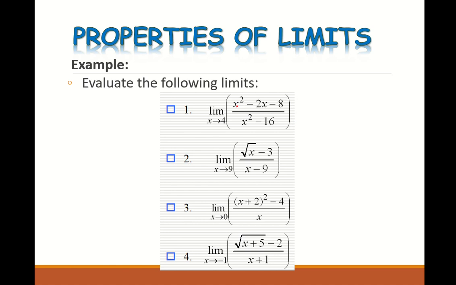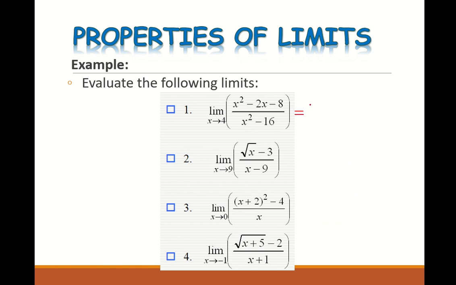Then if you substitute here, 4 squared is 16, minus 2 times 4, that is 8, so negative 8, then minus 16. So 16 minus 16 also gives us 0.